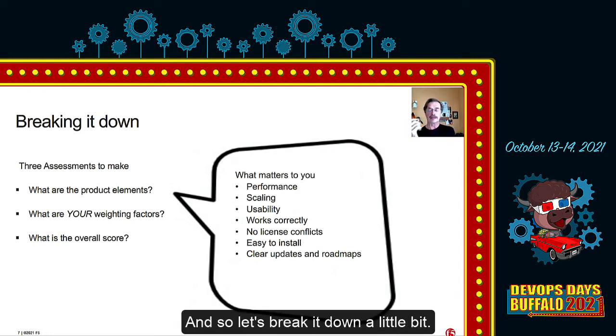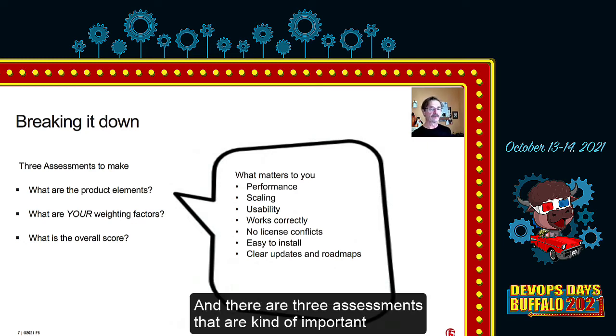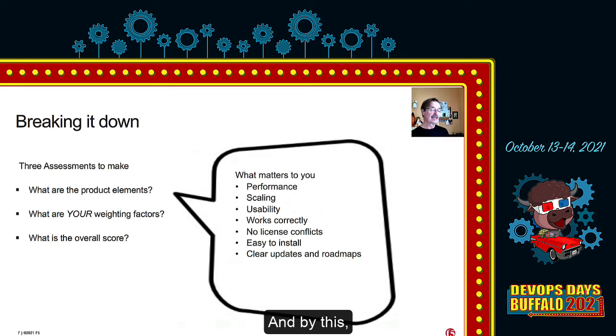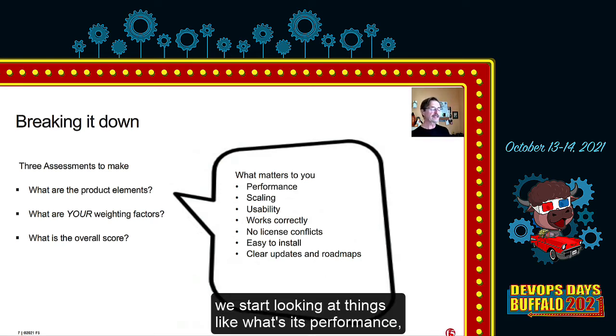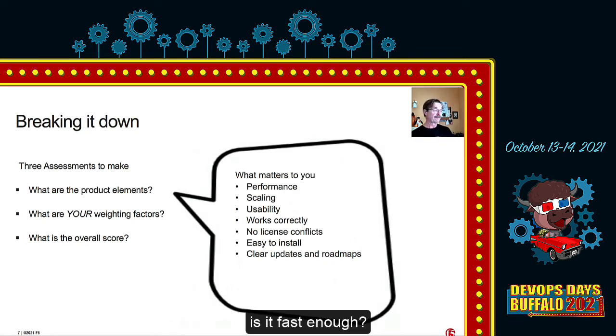And so let's break it down a little bit. So maturity models need to describe a few things here. And there are three assessments that are kind of important to make. One, what are the product elements here? And by this, we start looking at things like, what's its performance characteristics? And performance can mean, is it fast enough?